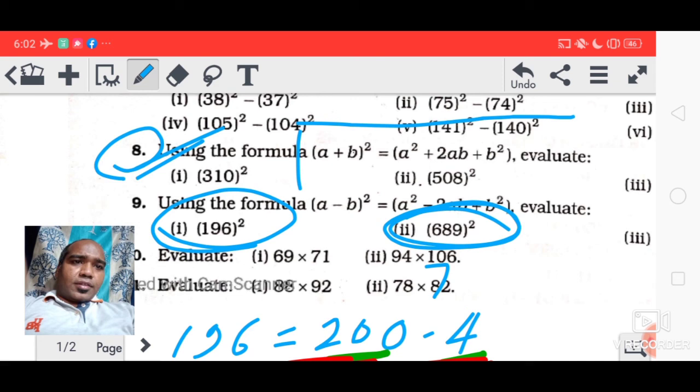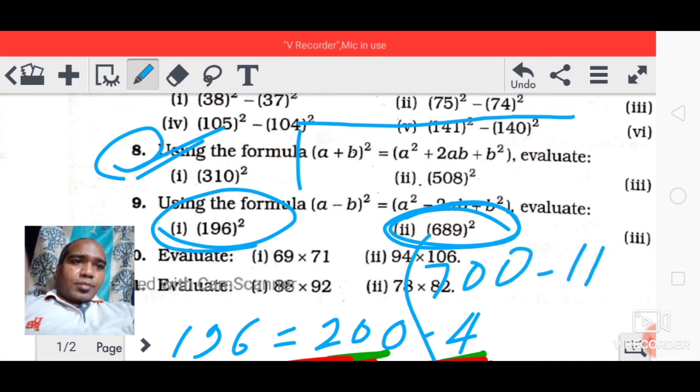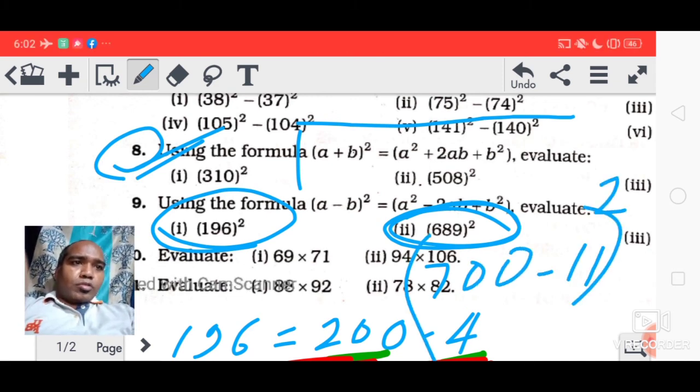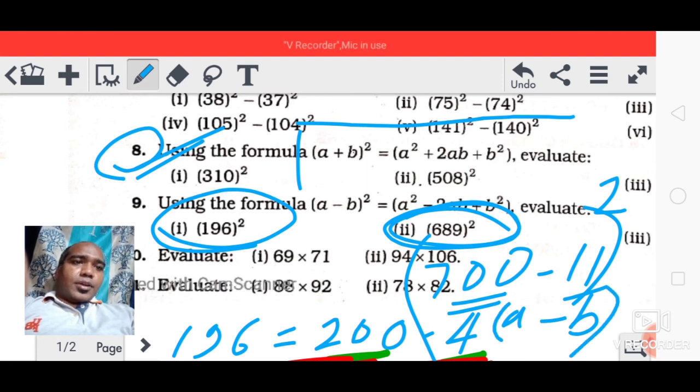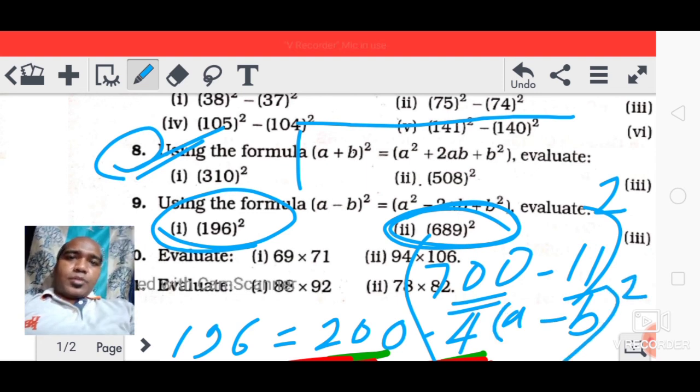So what can we write? 689 is 700 minus 11, and it will become 700 minus 11 whole square. Where 700 you can consider as a and 11 you can consider as b. It will become in the form of a minus b whole square, and put the values. Got it? So this way you can solve the question.